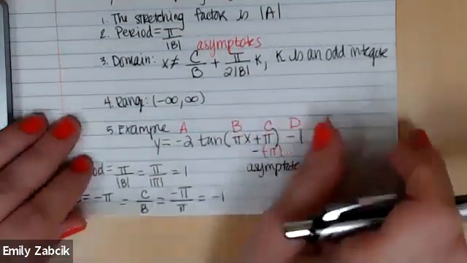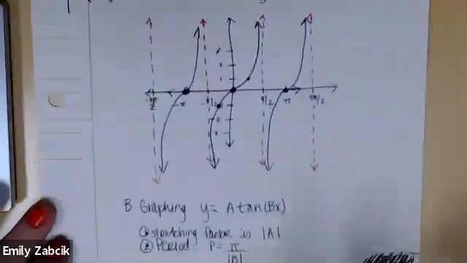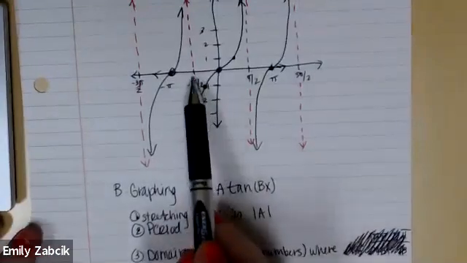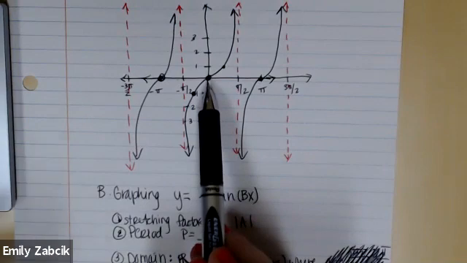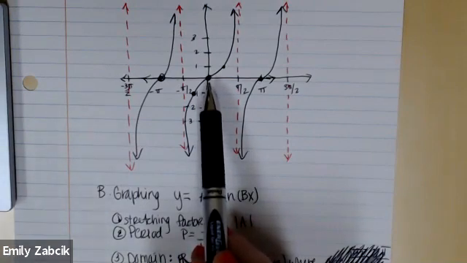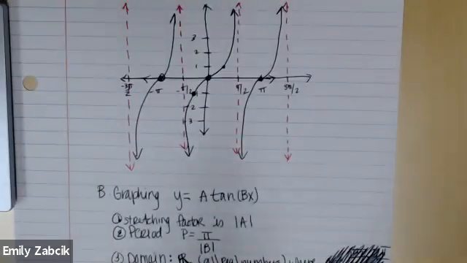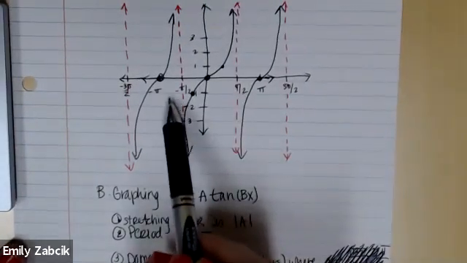Okay, so let's go back up to this one. So this is tangent x. Everything else is based off of this. So first of all, we already know that our period is 1. So we're thinking positive half and negative half.